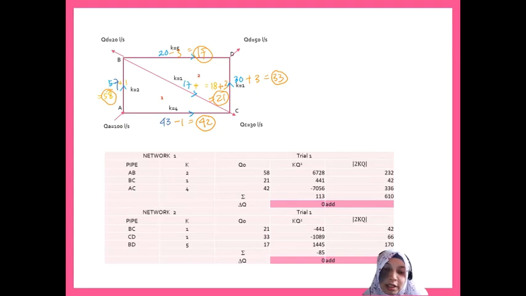So the Q or flow rate in each pipe of this network: AB has 58, AC has 42, BC has 21, DC has 33, BD has 17.